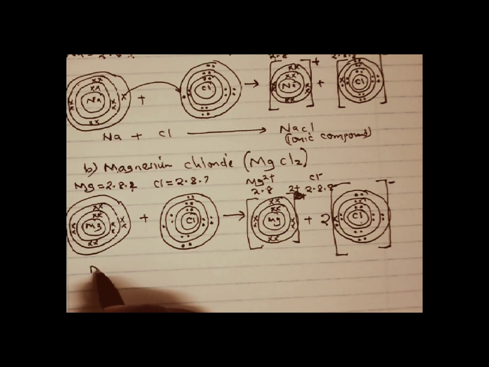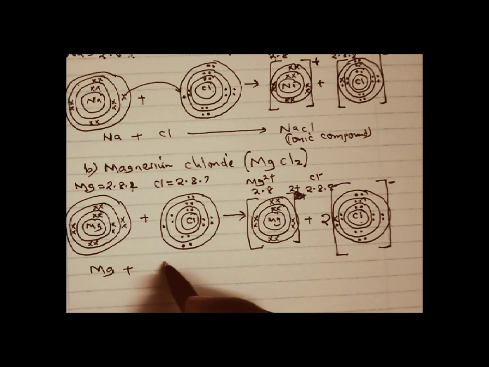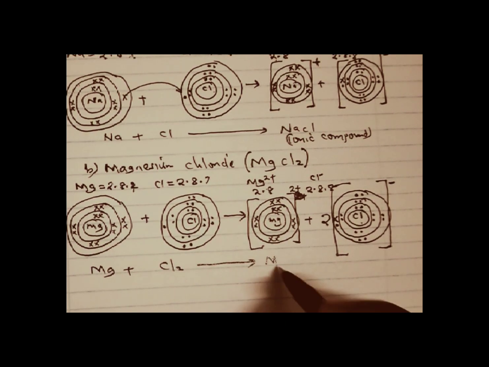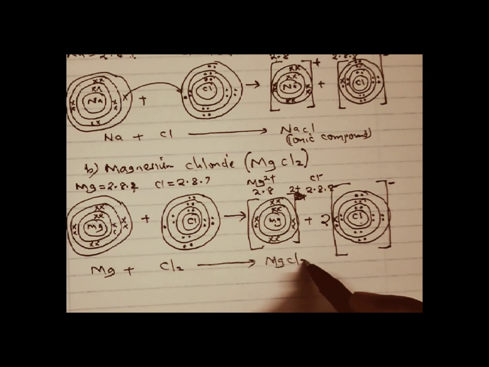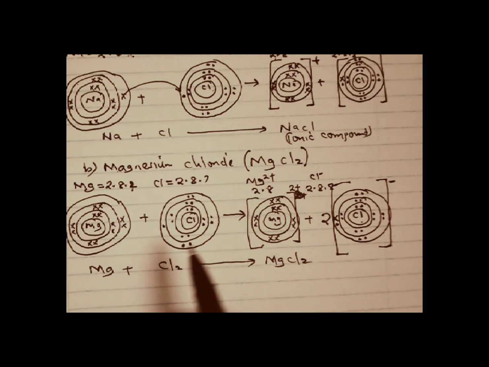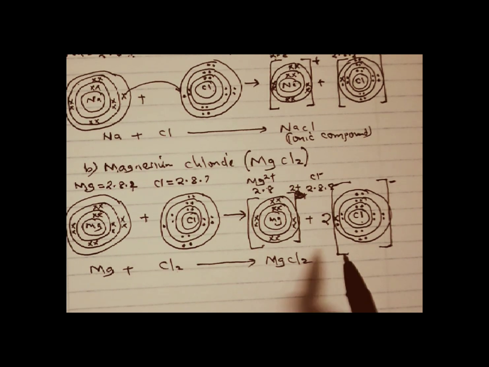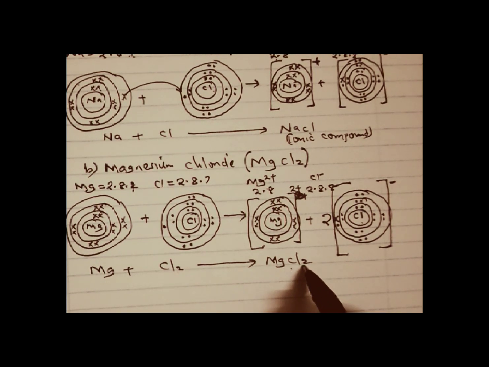Remember, this is magnesium combining with chlorine to give us magnesium chloride. So when magnesium combines with chlorine to form magnesium chloride, the compound formed, which is magnesium chloride, is an ionic compound.